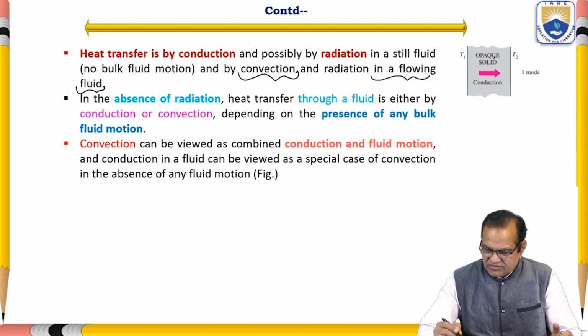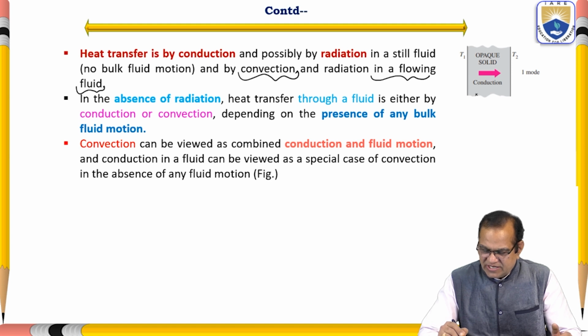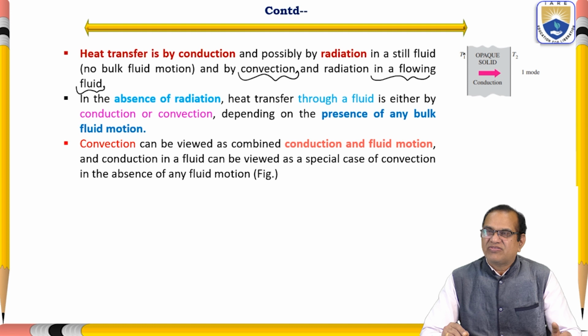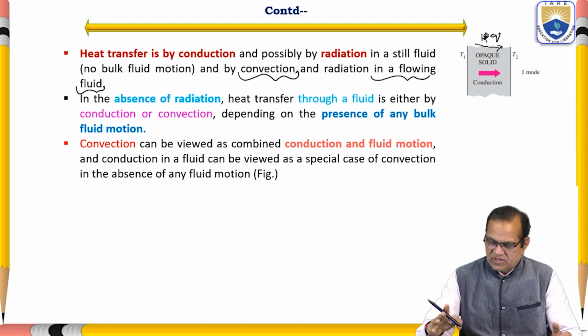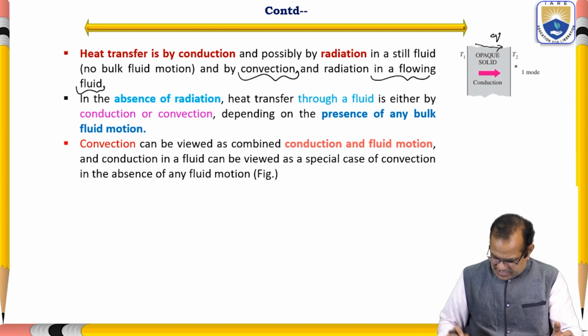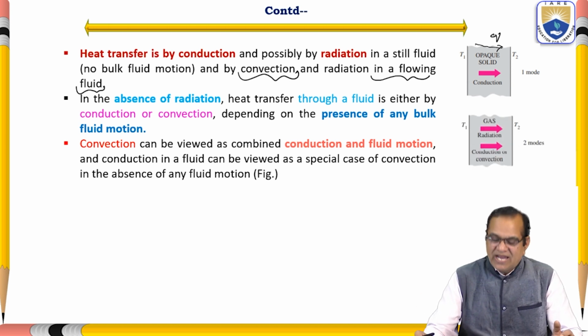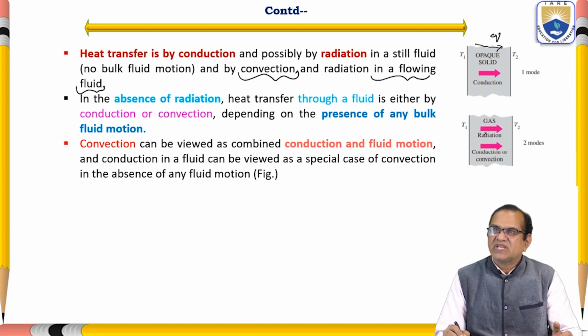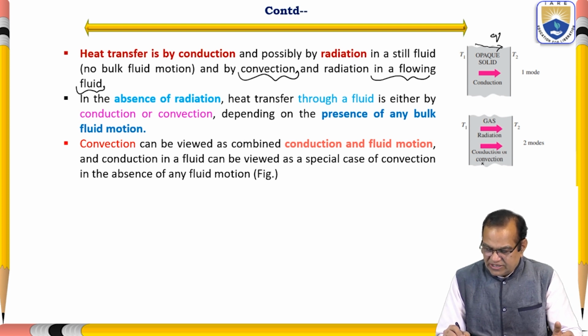So here you can see an opaque solid. Here conduction is taking place, so only one mode is there, from T1 to T2. Only in this material heat is transferred, called Q. Q is from here to here. It is a single mode. If you see another one, there is a T1 temperature, and here is the gas. Here we have radiation and conduction or convection.